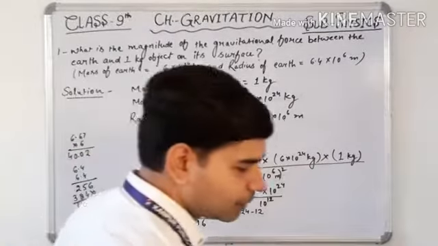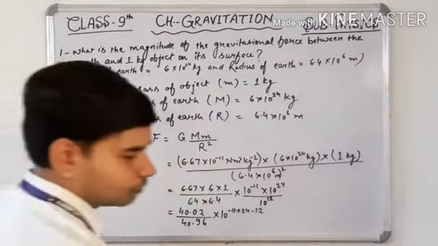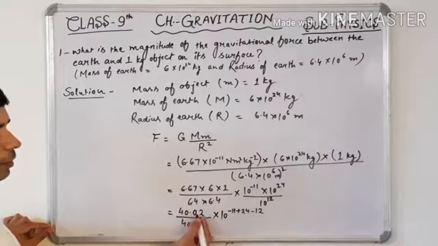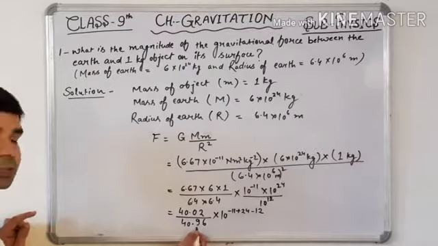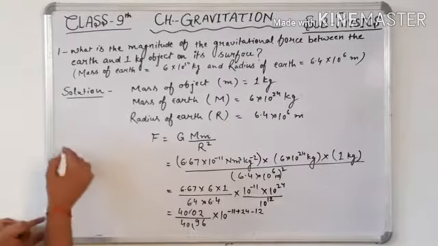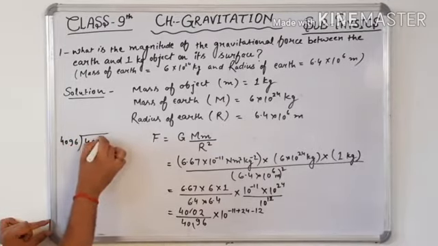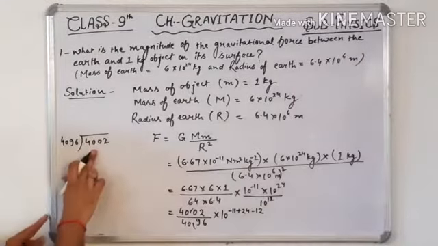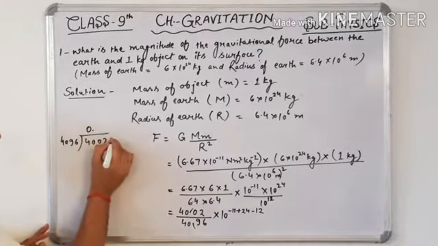Now divide 40.02 by 40.96. How many digits are there after decimal? 2, and in denominator there are also 2 digits, so we can cancel the decimal. Now 4002 divided by 4096. It will not go even one time, so put 0 and decimal.